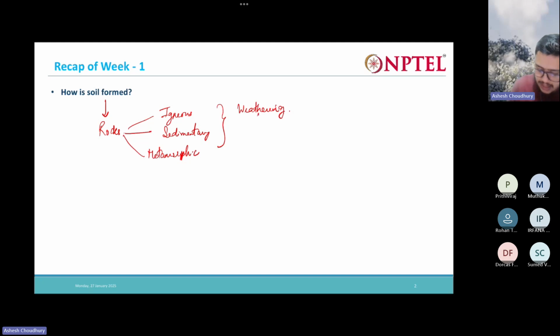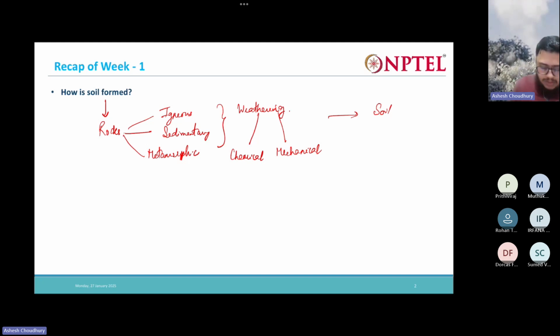Both chemical action and mechanical action. Due to both, from rock we get soil. These things are very basic and I'm not going to repeat that much. These were already discussed in the class, so let us not waste time on this.